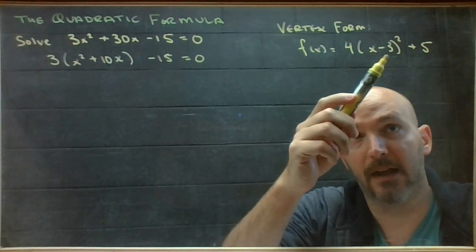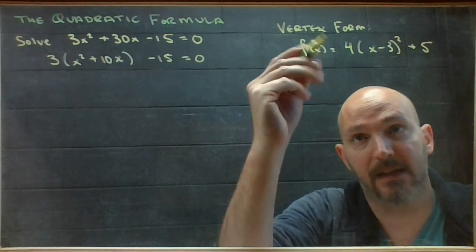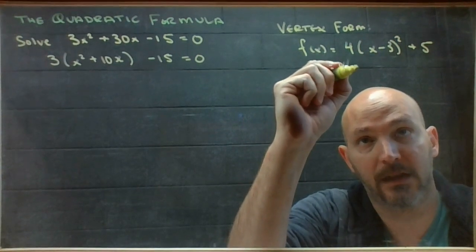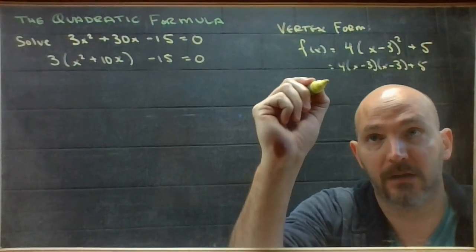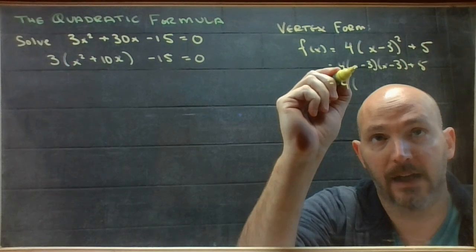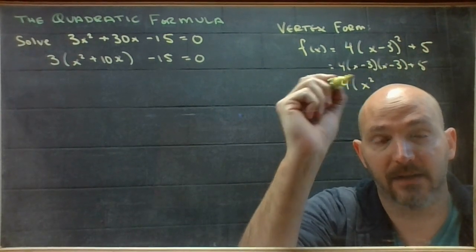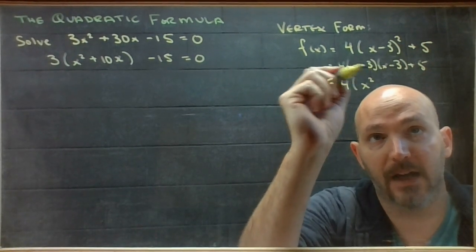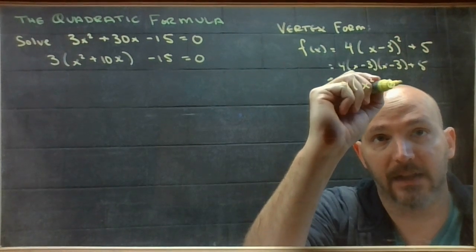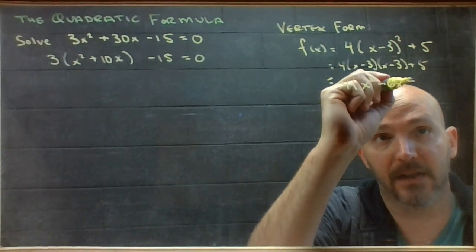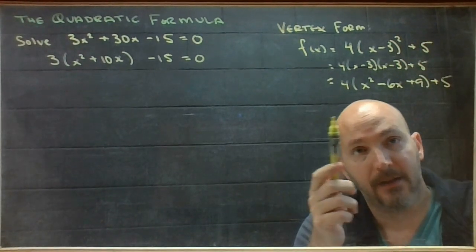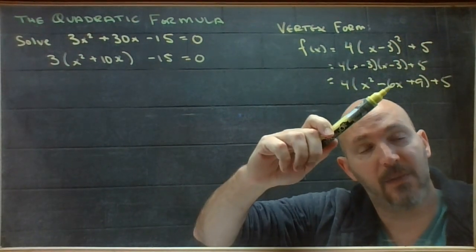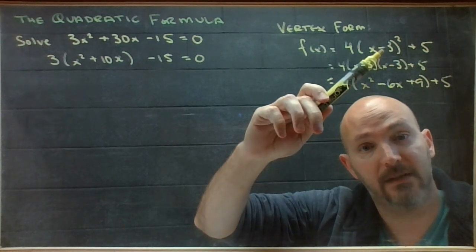Now, if I were to expand this thing here, x minus 3 times x minus 3, I'd have an x times an x, which is x squared, a negative 3x, and a negative 3x, which is a negative 6x, and a negative 3 times a negative 3, which is a plus 9. And do you notice that this number is twice that?